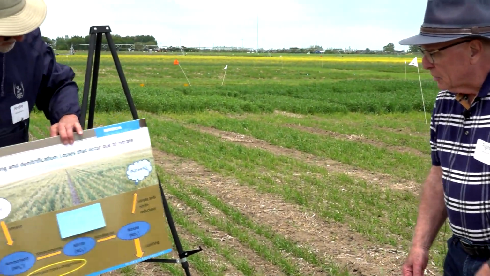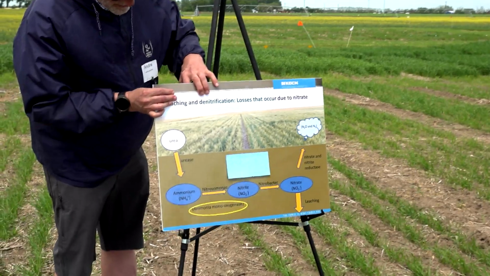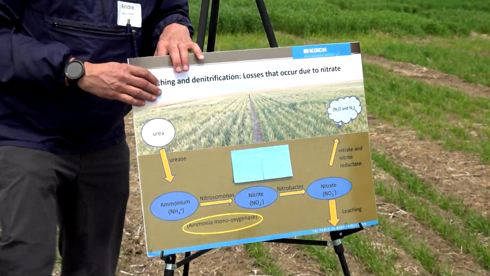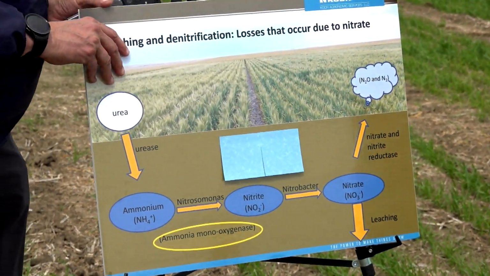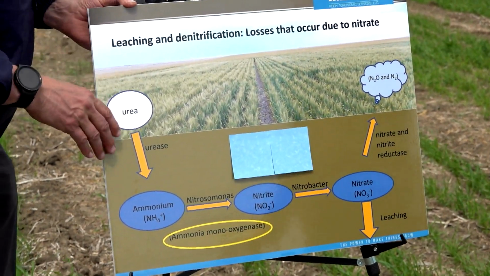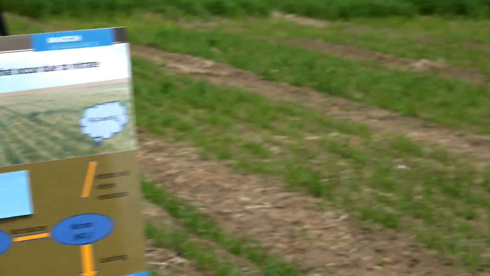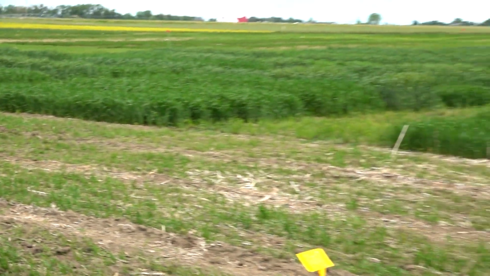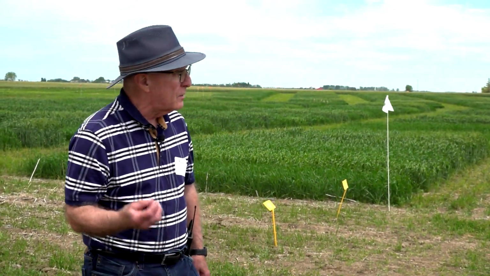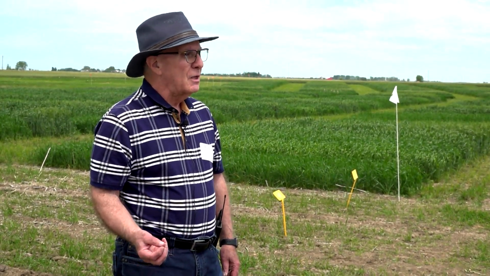So another thing to keep in mind is also leaching and denitrification losses. Now, in our environment, unless you are under irrigation and you apply, I don't know, some 18 inches of water or 14, you may get some leaching.